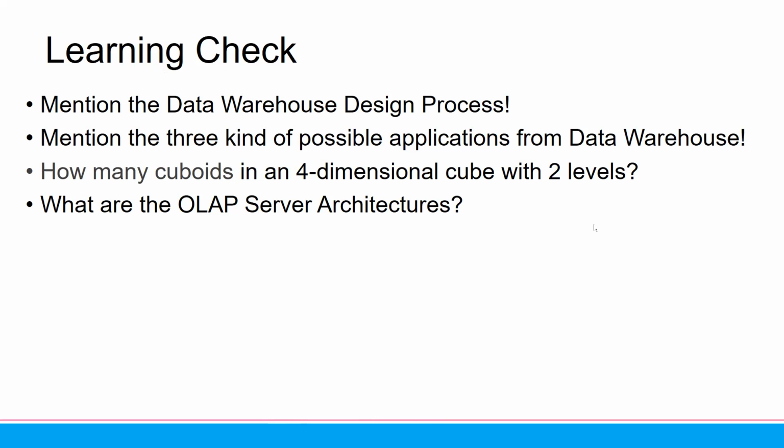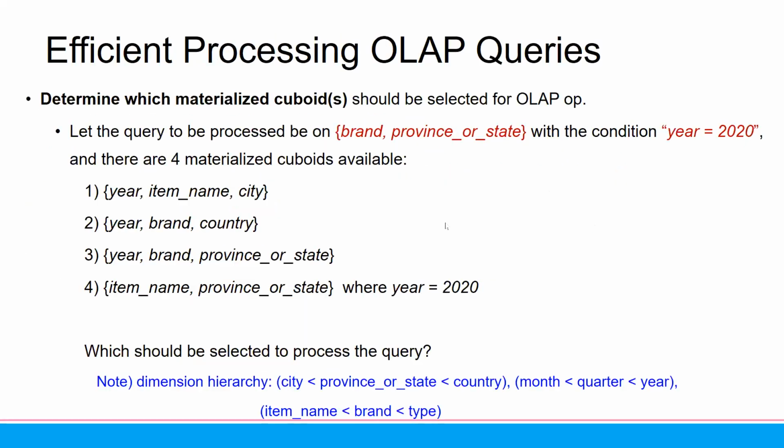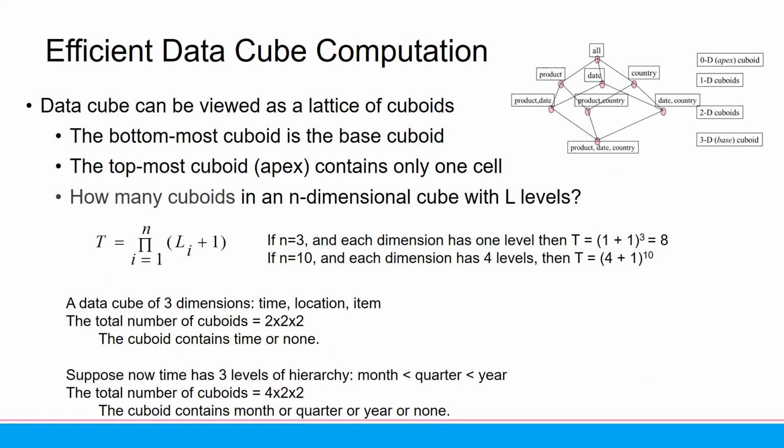So if the data is a 4-dimensional cube with two levels, you can measure with this one: 4 dimensions, with 2 levels. It means 2 plus 1 is 3, 3 to the power of 4, which gives us 81.